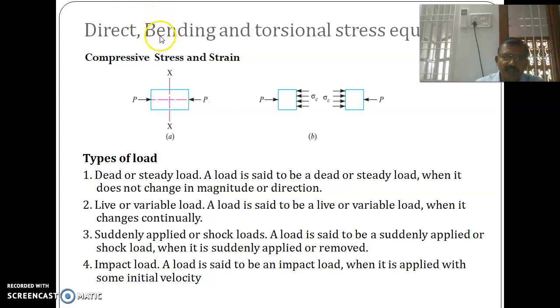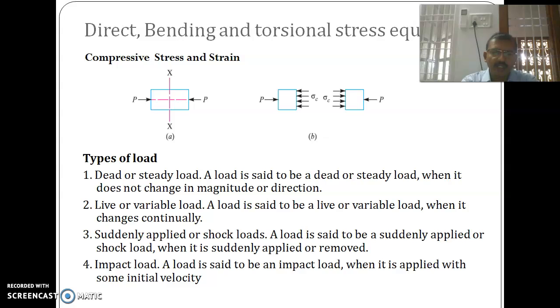Bending stress: when a material is subjected to a bending load, the material will bend, that is, it will sag or it will hog. This type of stress is called bending stress.